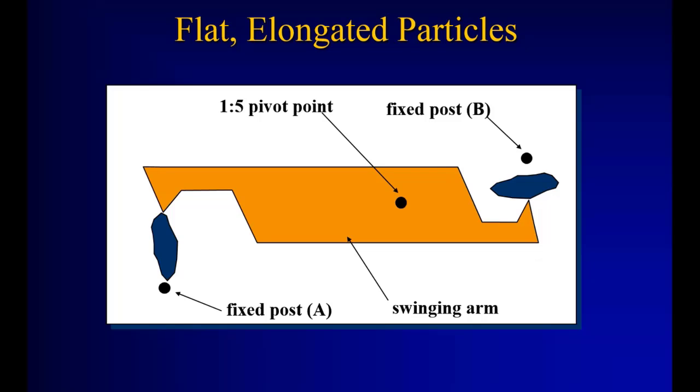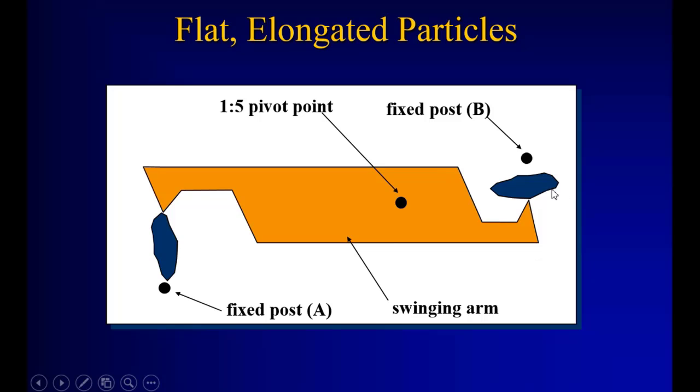But essentially, you have a pivot point. You can see where the pin is there, the 1 to 5 pivot point. There's usually 3 points here, 4 to 1, 3 to 1. And you put the long dimension of your subject stone in here, tighten down the retent pin, and turn it around.